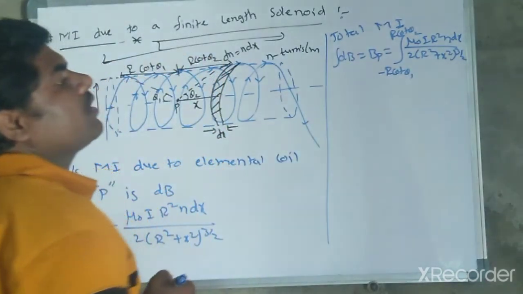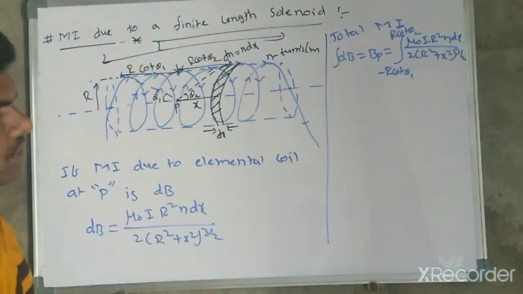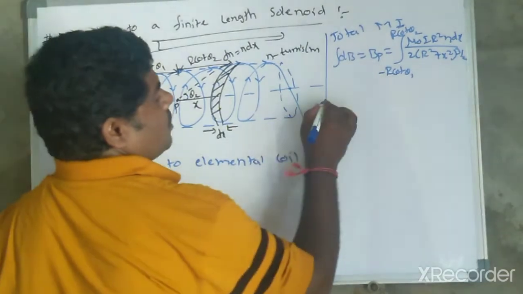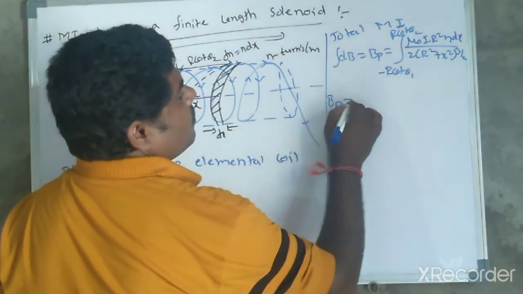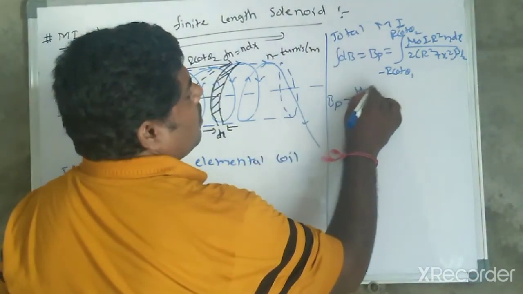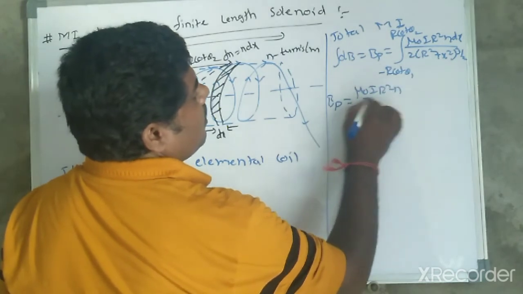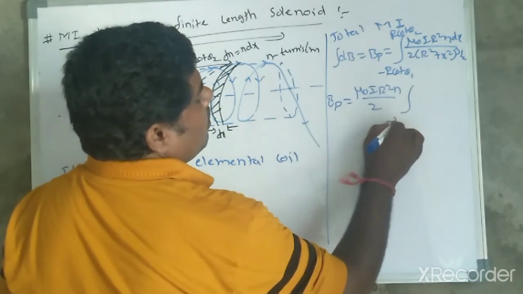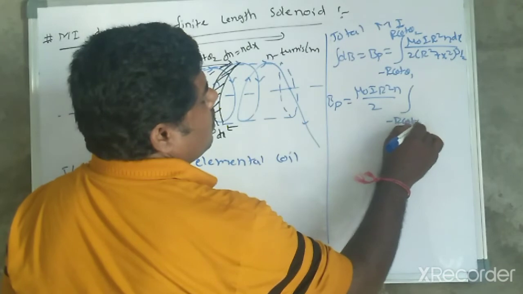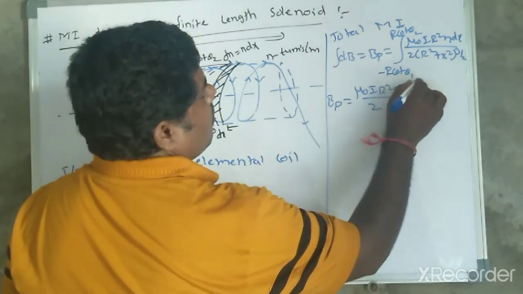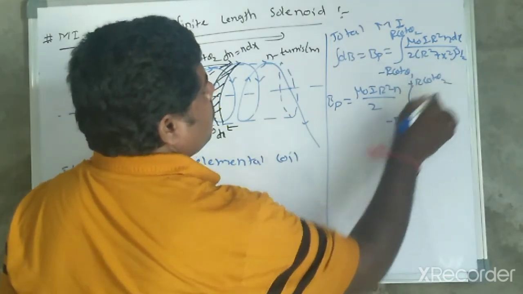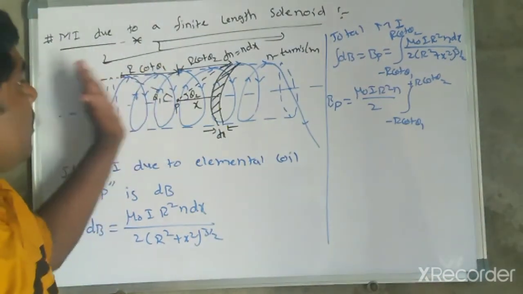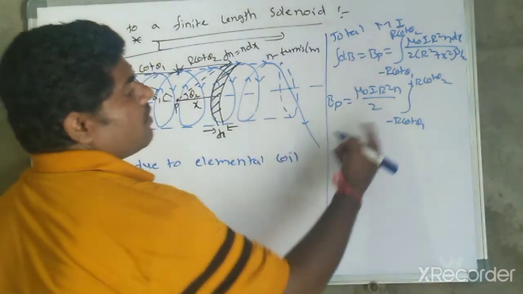Here mu naught, I, r square and n are constant, divided by 2 also constant. So BP is equal to mu naught I r square n divided by 2 times the integral from minus r cot theta 1 to plus r cot theta 2, where minus is because this is the left side.